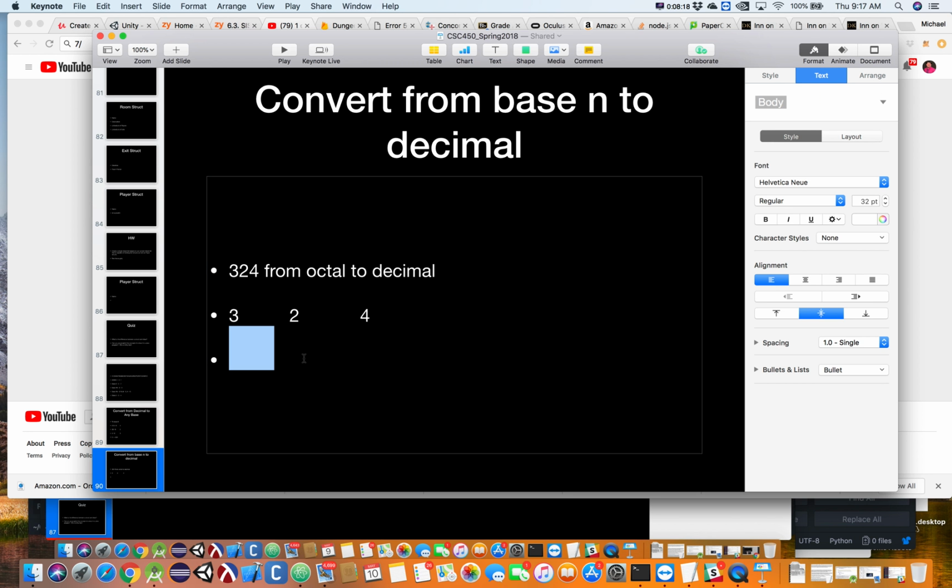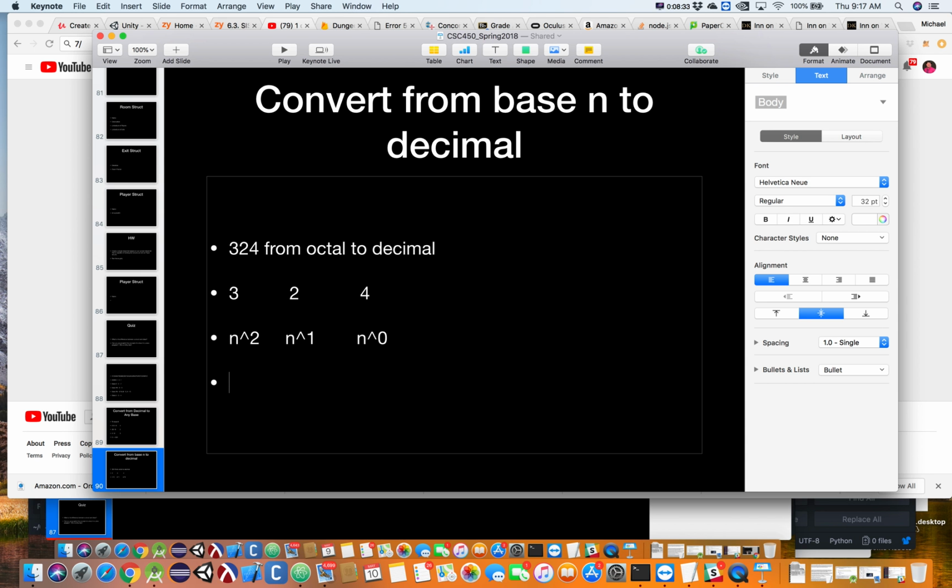So this guy is in the n to the 2's place, n to the 1's place, n to the 0's place. Or in this case, since n is octal, 8 times 8 is 64, 8's, 1's place. Make sense? Yeah.